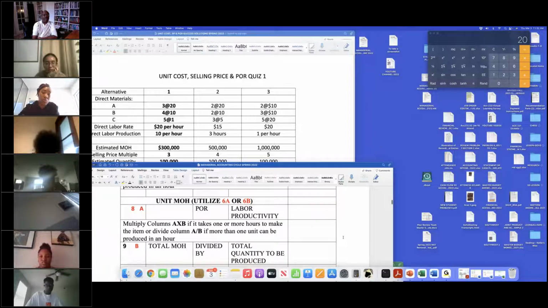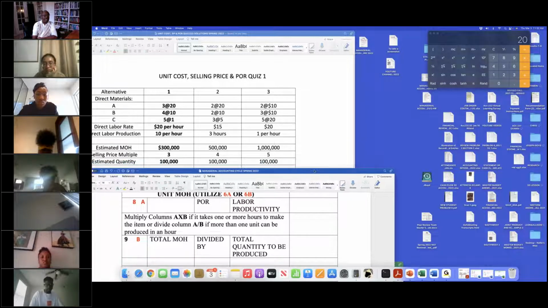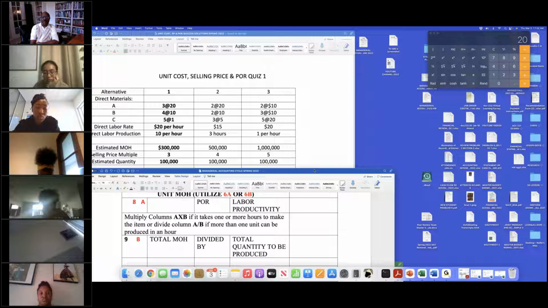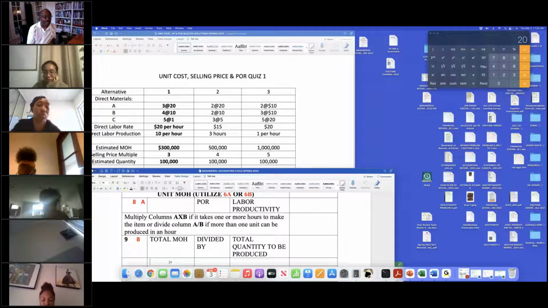All I had to do is put a million in here and divide it by 100,000. So what's the overhead going to be? 10.